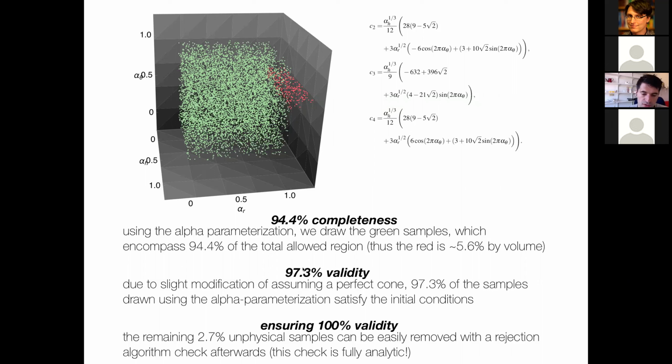You draw a point, which is 97.3% valid, and then you test to make sure it is 100% valid, and get rid of those points which are not. That way you're always drawing a physical limb-darkening point 100% of the time. The only thing we're not accounting for is the 5% volume which this parameterization will never explore. You will never be able to explore these red points with this parameterization.